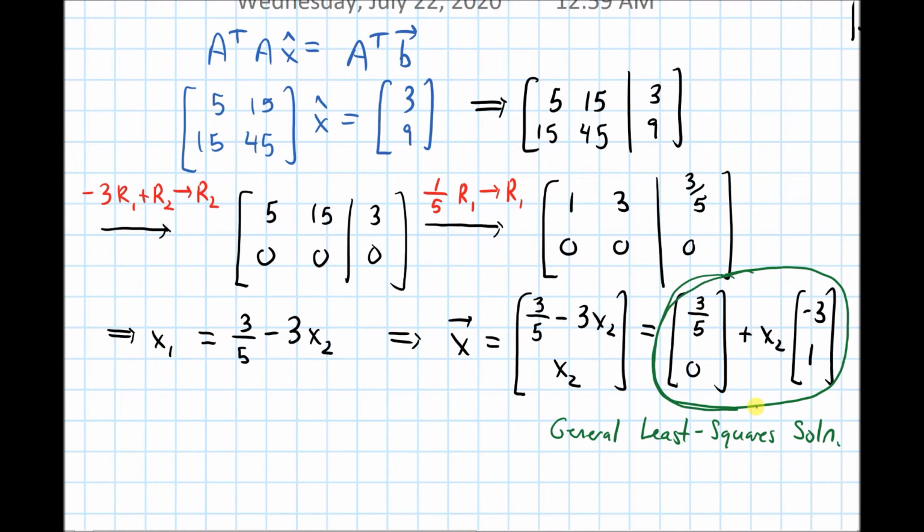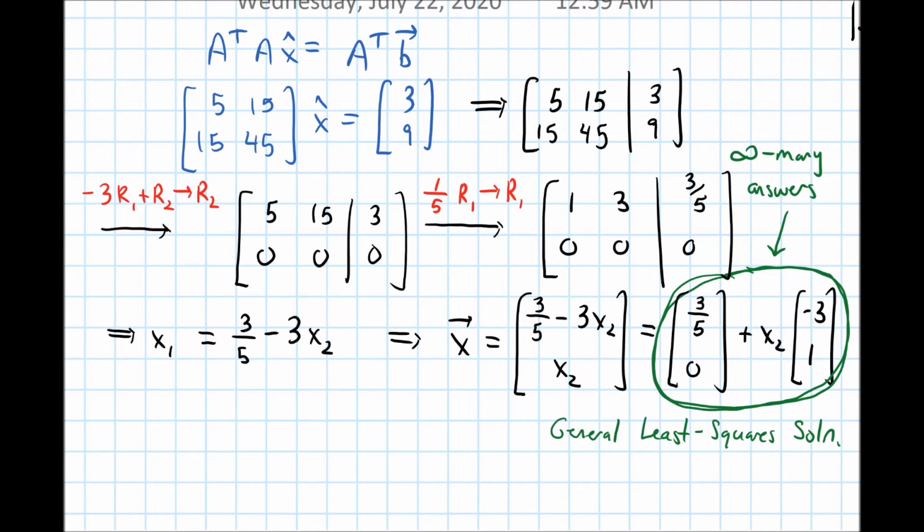Any vector of this form is a least square solution. So in this problem, we actually have infinitely many answers. So that can happen sometimes when we do a least squares problem. And I'll talk about how we could have recognized at the start of the problem why we're going to have infinitely many answers. But I'll do that in just a minute after I state a theorem.